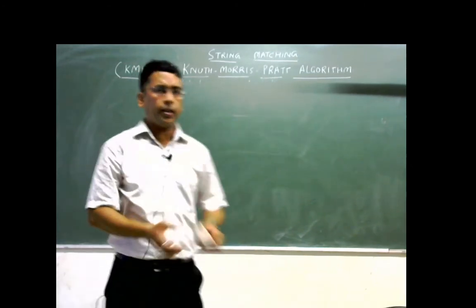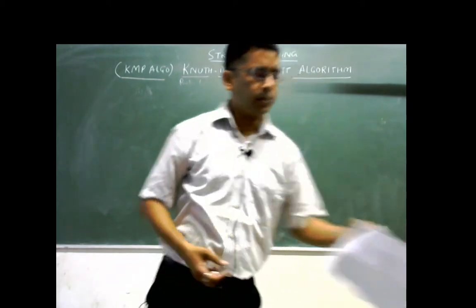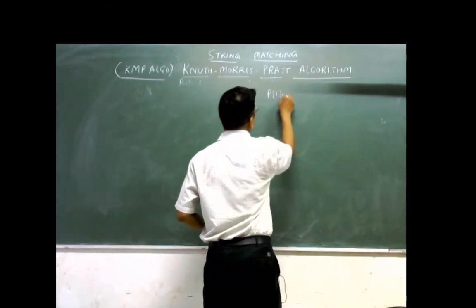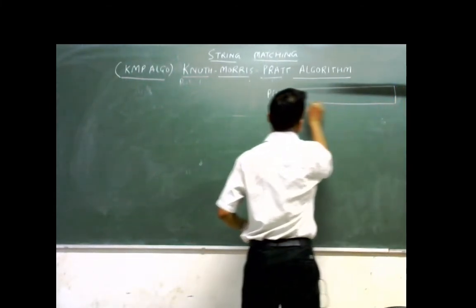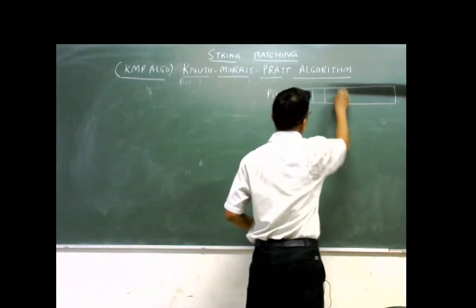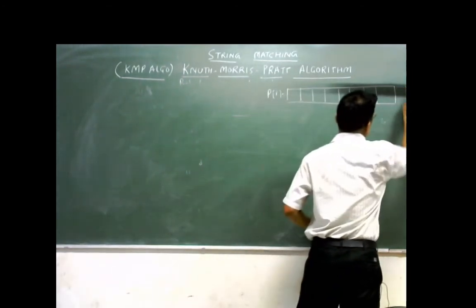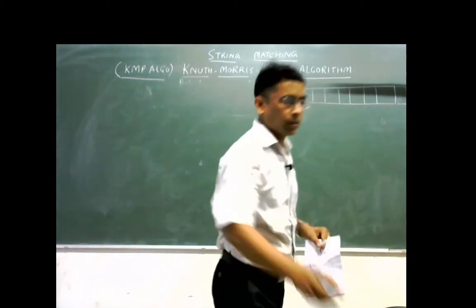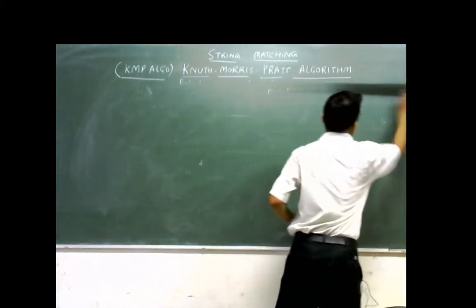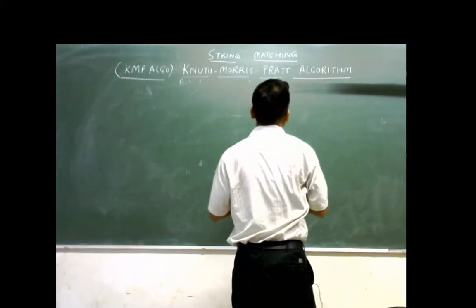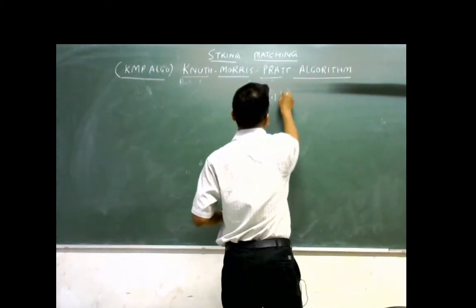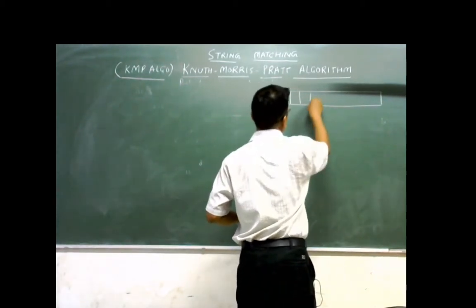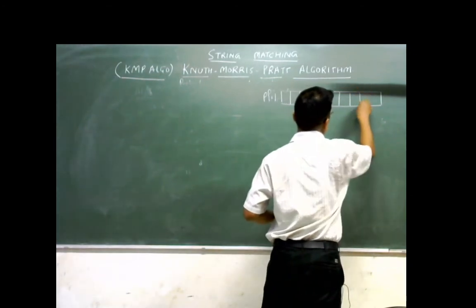So I am going to take a sample string. This is the pattern string. Pi is equal to... I think I have drawn it out of reach, so I need 10 values: 1, 2, 3, 4, 5, 6, 7, 8, 9, 10.